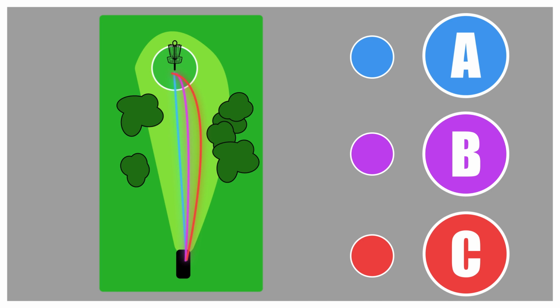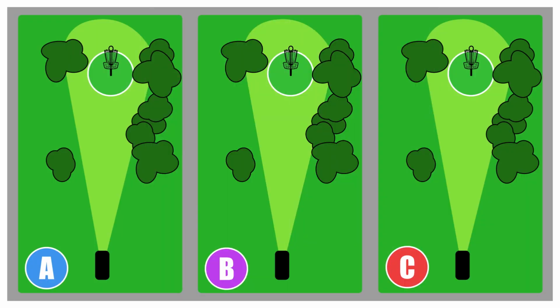You throw a good shot, the shot works. That's not what disc selection is about. Disc selection is about what happens when you get it wrong. Because on the next hole, player A, player B, and player C all throw 10% too hard. All three players make identical physical errors. Player A with their putter goes a little past the basket.